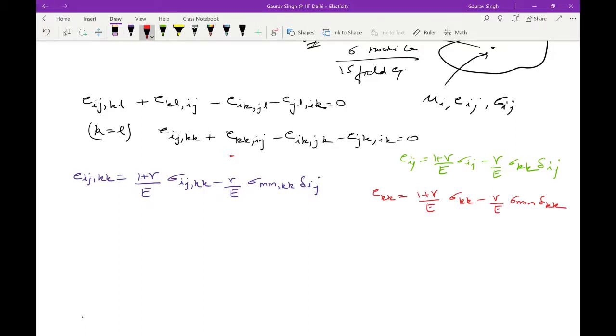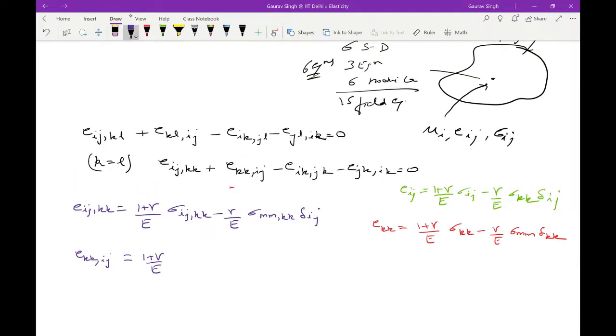Now Ekk,ij can be written as (1 plus nu) by E sigma kk,ij minus nu by E sigma mm,ij delta kk.